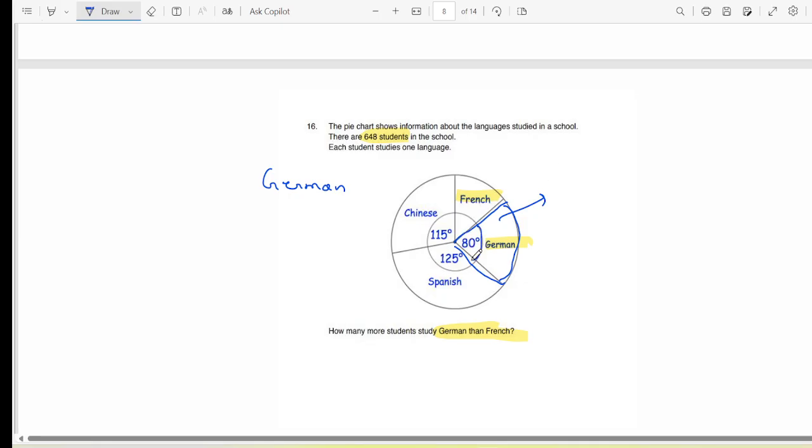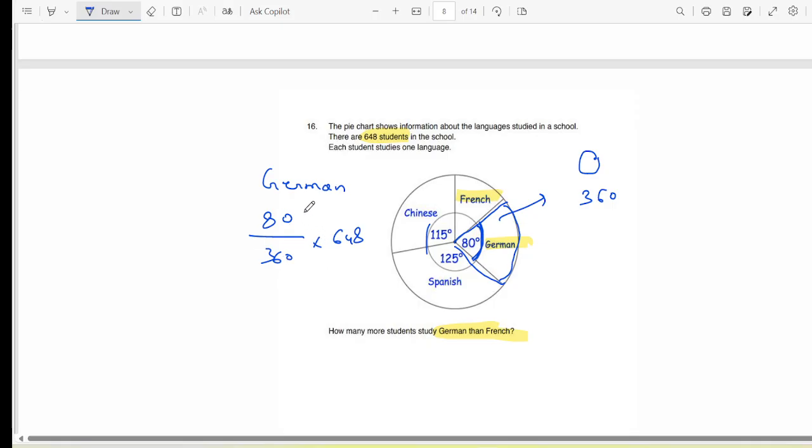I divide this angle with the total angle. We know the complete angle is 360. So I divide 80 by 360 and multiply by the total students, 648. This way I can find how many students study German, right?